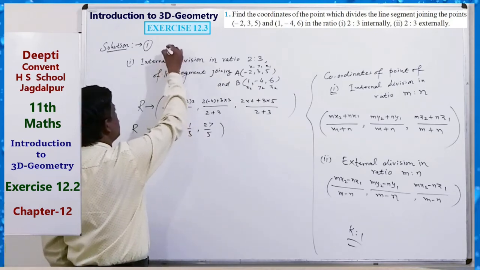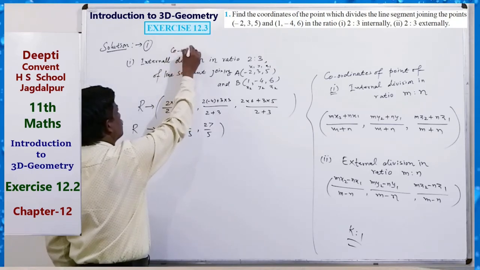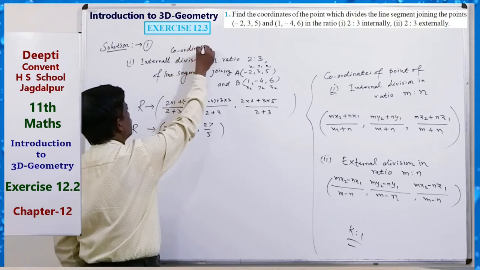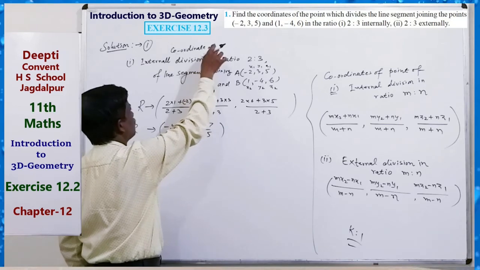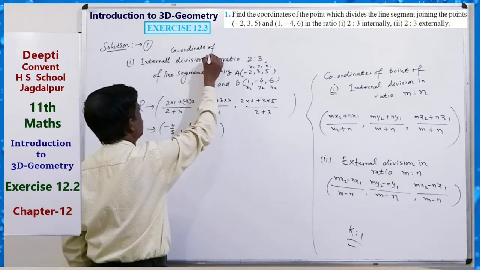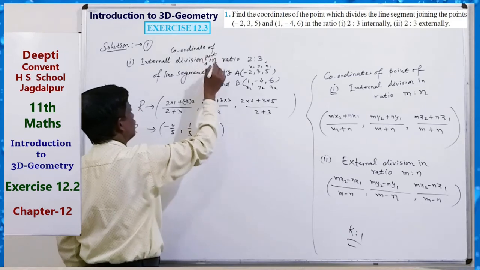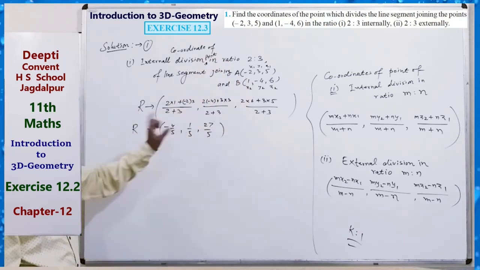So you can write the coordinate of the internal division point in ratio 2:3 of the line segment as this.